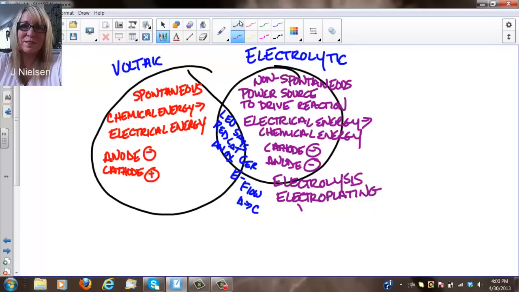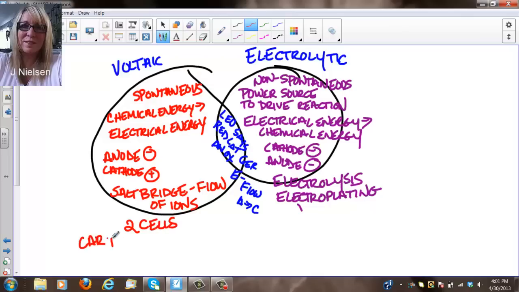Over here, we needed to add that you need a salt bridge, and that's for the flow of ions. And this has 2 cells. And then we have a car battery, which is an example of a wet cell.